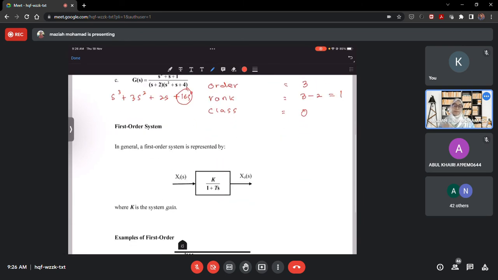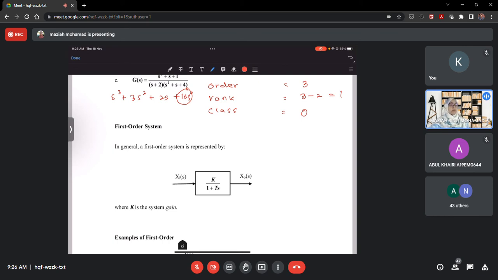All right. So as I mentioned just now, before we start with classification, we classify the system because by knowing the class of the system, the order of the system, we will be able to predict the behavior of the system. Okay, the most common classification that is used to classify a system is based on order.